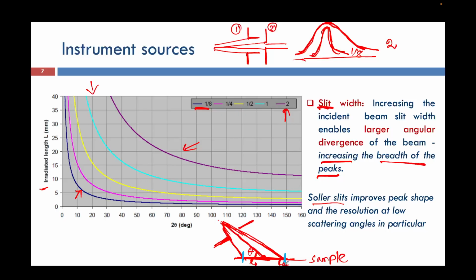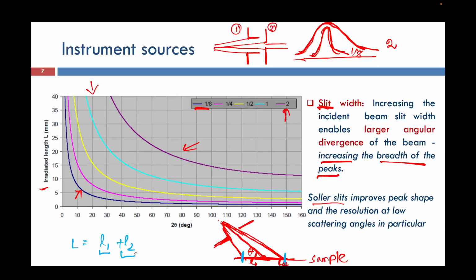The span from this point to this point is called the irradiated length, and that length is given by L is equal to L1 plus L2. How L1 and L2 are calculated is out of the scope of this syllabus, but by taking simple geometry, a simple sine function, we can calculate.